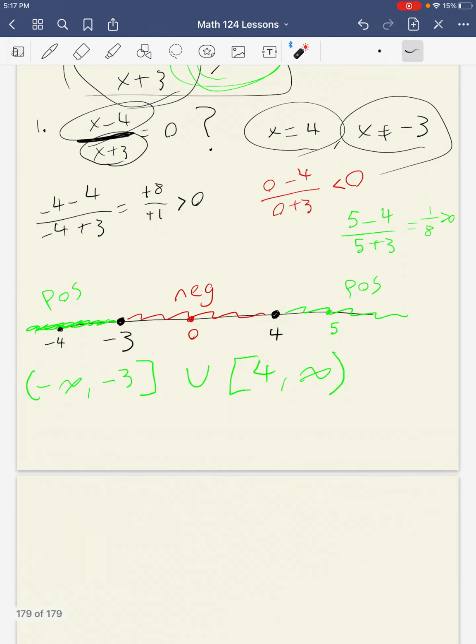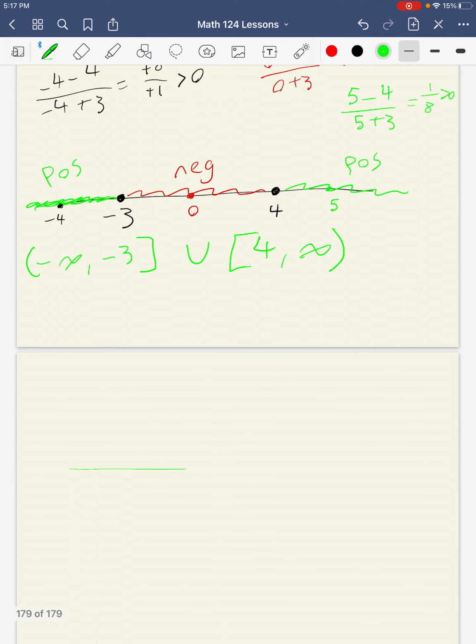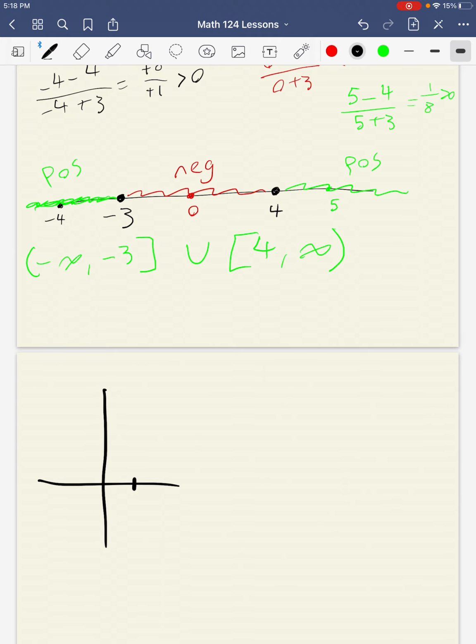Okay, so you may be asking yourselves, why did we have to test this value? Because when we were dealing with polynomials, we only had to test numbers to the left and right of the zeros. But the thing with rational equations is, so here we had a 4 and -3. So we're not allowed to plug in -3. So what that does to the graph is it kind of shoots it up, or it could shoot it down.